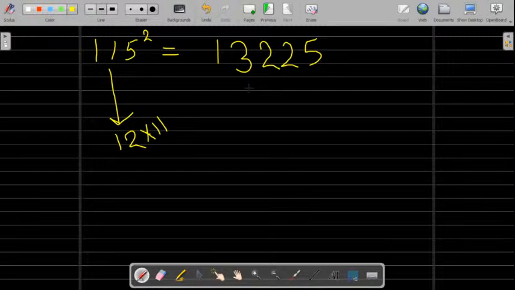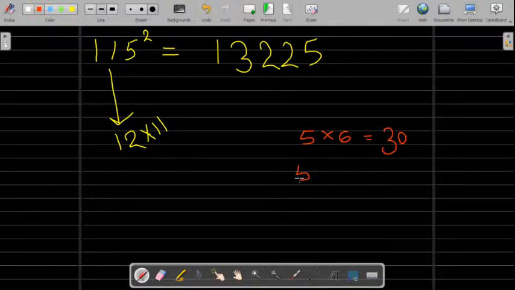Okay, so how can we calculate 11 into 12? One technique is there to calculate. For example, suppose 5 into 6, 5 and the next number is 6. 5 into 6 means how much? 30, right?